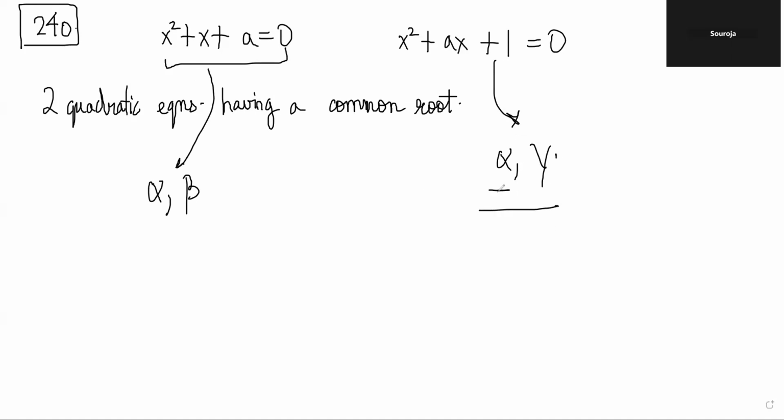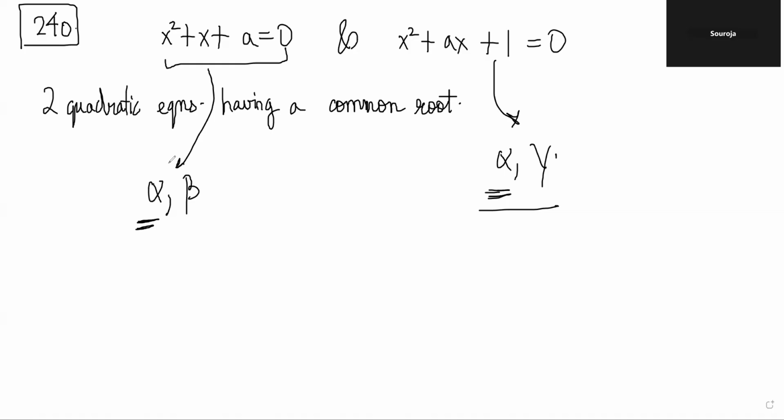Then we can say that alpha is a common root. So that is the condition that has to be understood. You have to understand how to figure out whether two quadratics have a common root. Do you understand the problem?